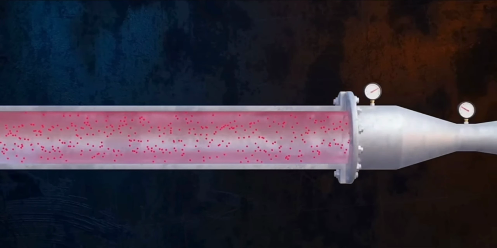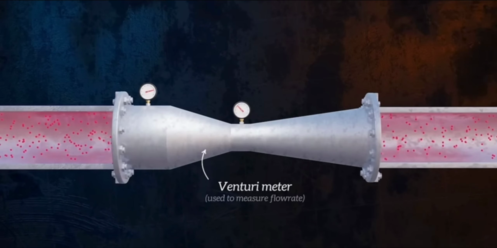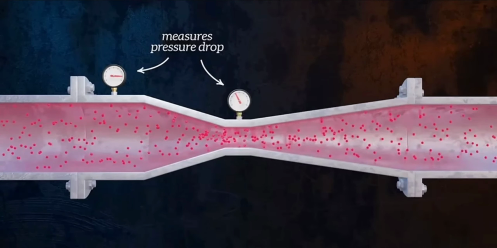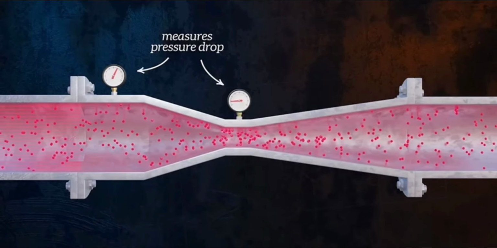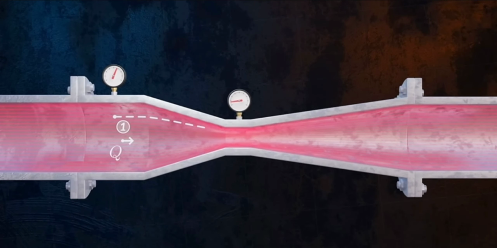Another flow measurement device that uses Bernoulli's equation is the venturi meter, which is an instrument used to determine the flow rate. It works by measuring the pressure drop across a converging section of the pipe. Say we want to determine the flow rate Q, which is the velocity multiplied by the pipe cross-sectional area at point 1.